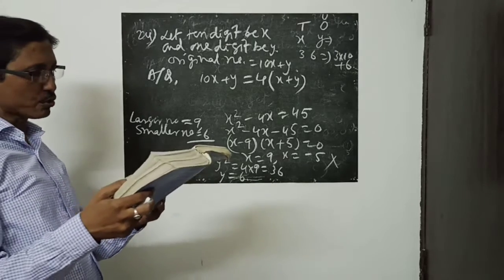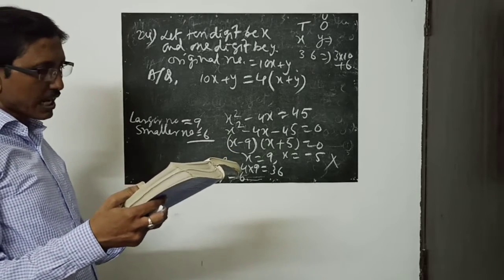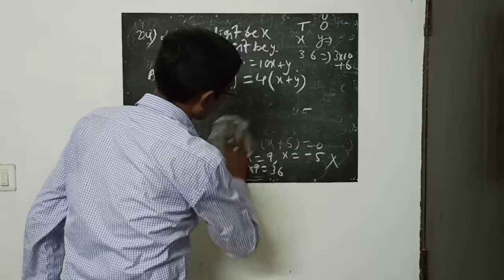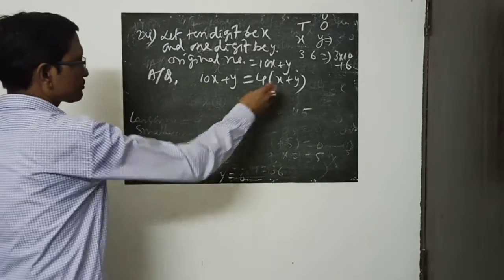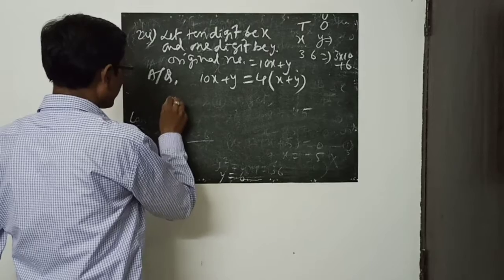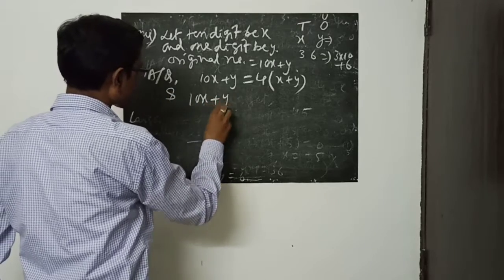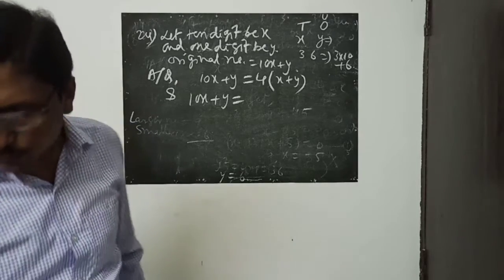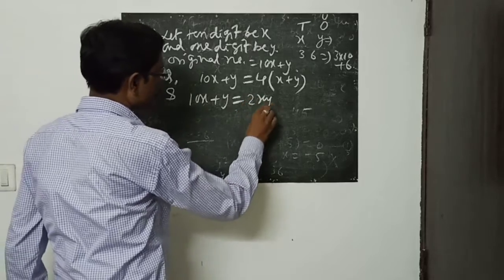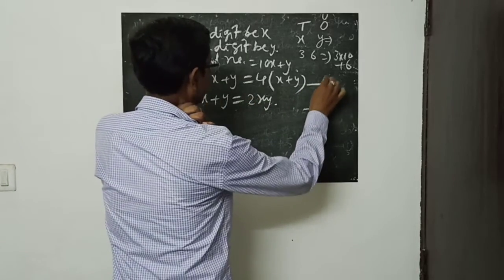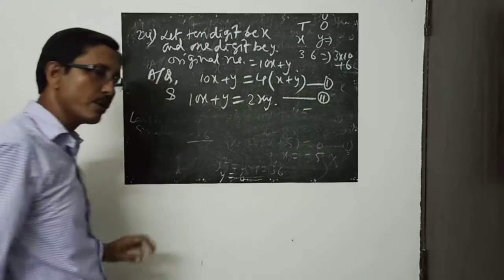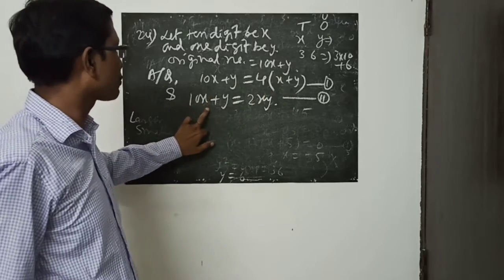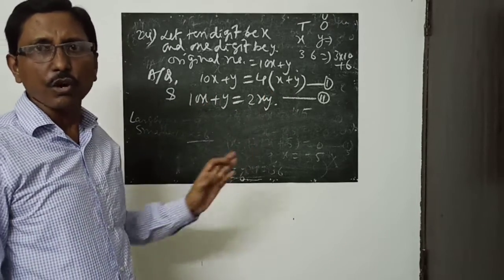And the second condition you also have: twice the product of its digits. So the 2-digit number, 10x plus y, is equal to twice the product of its digits, so 2 into xy. So see, two variables, two equations, so you will be able to solve those. But here, this one is a linear equation and this one, 2 into xy, is a quadratic equation.